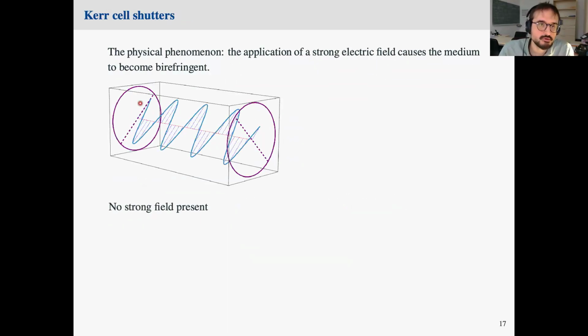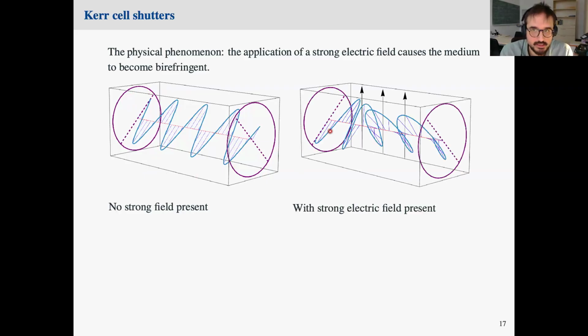You place a polarizer on one side of your cell, and then you place a polarizer on the other side at 90 degrees. The material has a high Kerr constant; it's typically nitrobenzene, or there are some other options that I forget. But the point is that the light enters polarized, and because the second polarizer is at 90 degrees, nothing exits.